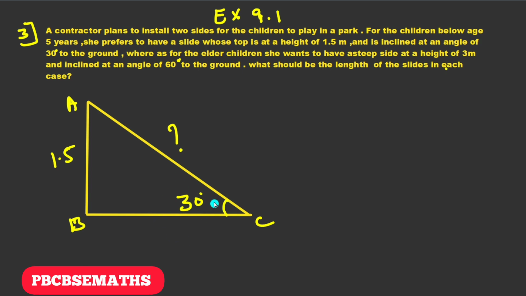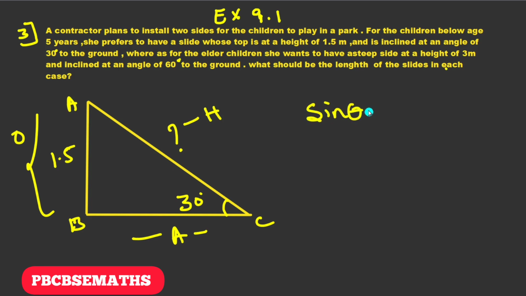If you consider this as theta, then this becomes the adjacent side and this becomes our opposite side, and this is going to be our hypotenuse. Here the value of the opposite side is given and we need to find the value of the hypotenuse. So here we can use sine theta. We know that sine theta is equal to opposite by hypotenuse.